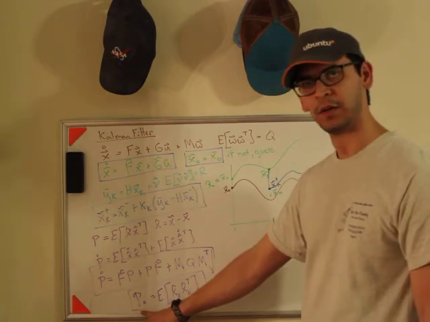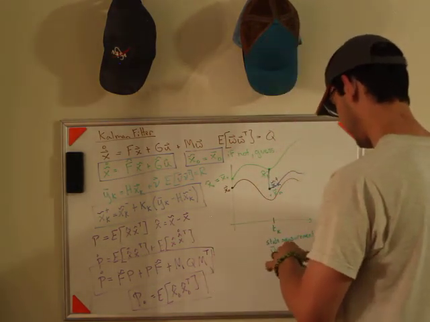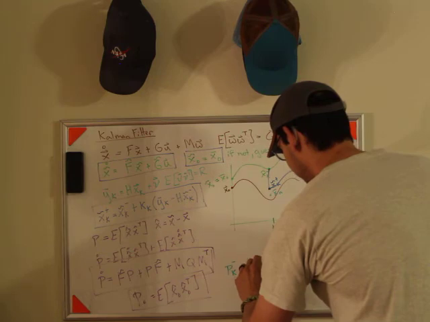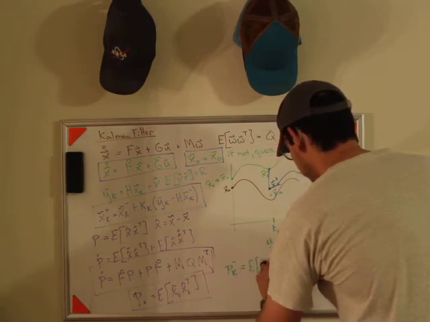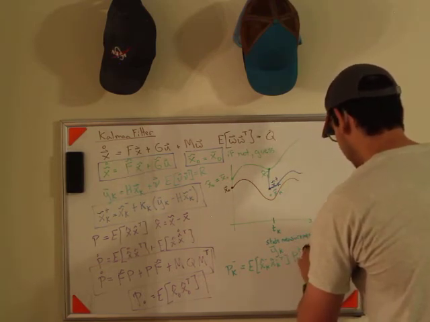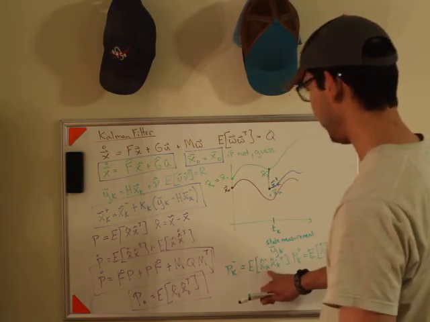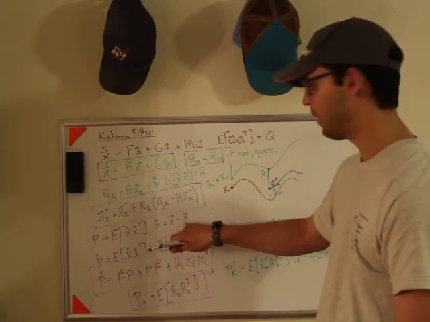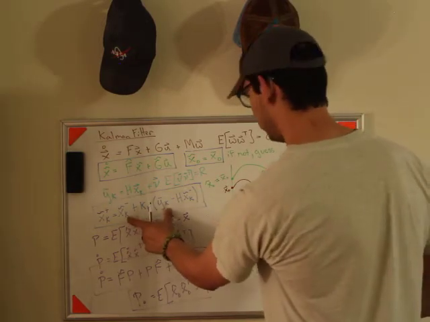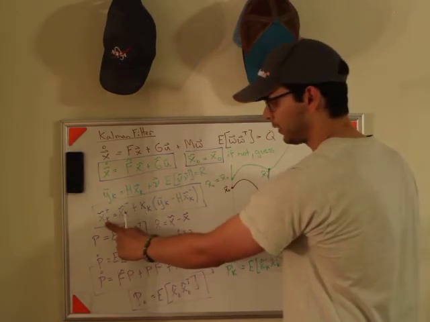You also need to update your covariance. If you look at these equations, I can write these out and say that Pk minus is the expectation of x hat k minus times its transpose, and Pk plus is the expectation of x hat k plus times its transpose. And x hat k is x tilde at tk minus x at tk, and you can use this equation and these two equations and substitute them in, because you have an x tilde k minus and an x tilde k plus.